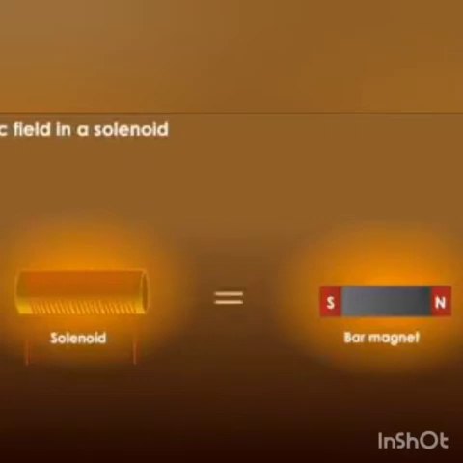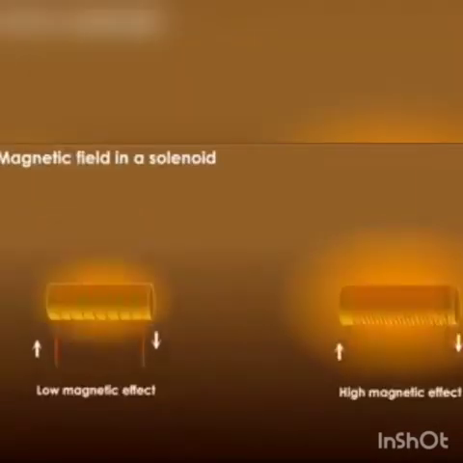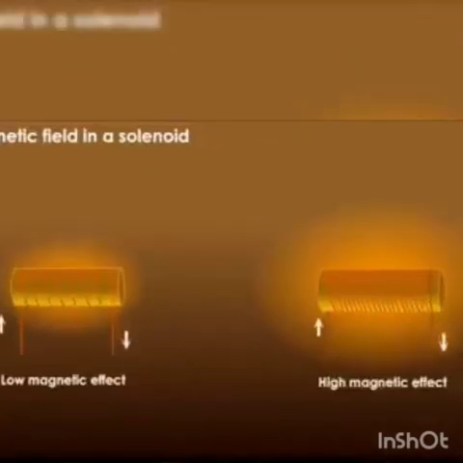So the situation becomes similar to a number of small bar magnets placed end to end with their opposite poles facing each other. So the solenoid's magnetic field is the same as that of a bar magnet. It is clear that if the number of turns of a solenoid increases, then the magnetic effect also increases.